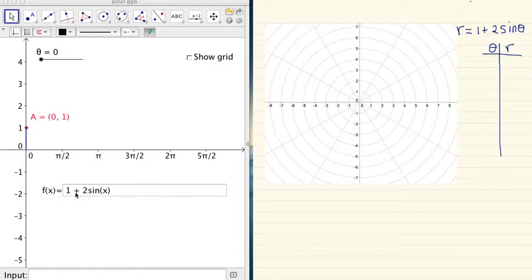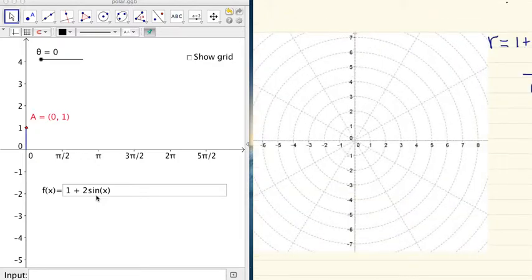If I start with x equals 0, this gives me f of x equals 1. So I'm going to start with theta equals 0, and put that on my chart. And r would be 1 plus 2 sine 0, which is 1. That corresponds to the point (1, 0).